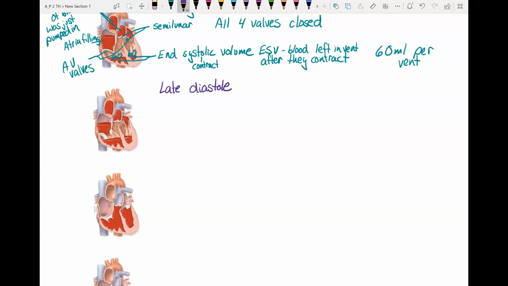The veins are still putting blood into the atria. As the atria fill, that creates pressure that pushes the AV valves open. So in late diastole, the veins continue to fill the atria.